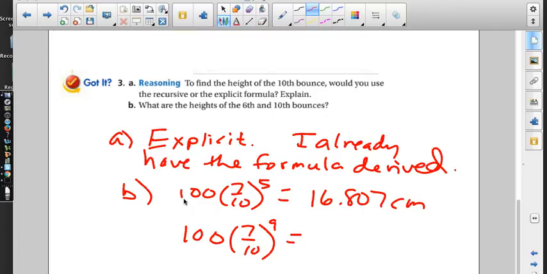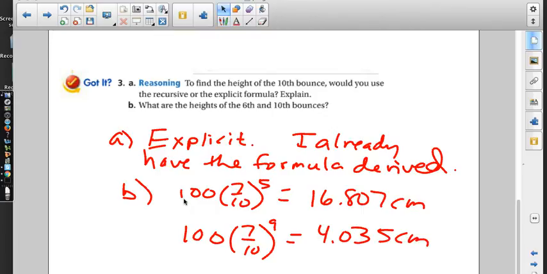I guess I'm going to stick with the 3 decimal places that we had for that one and go with 4.035 centimeters. Depends on how accurate you want to be. I mean, we're just talking about a bouncing ball here. Do we really need to go out to millionths? Yes, we do. Accuracy is that important to bounce? Yes, absolutely.